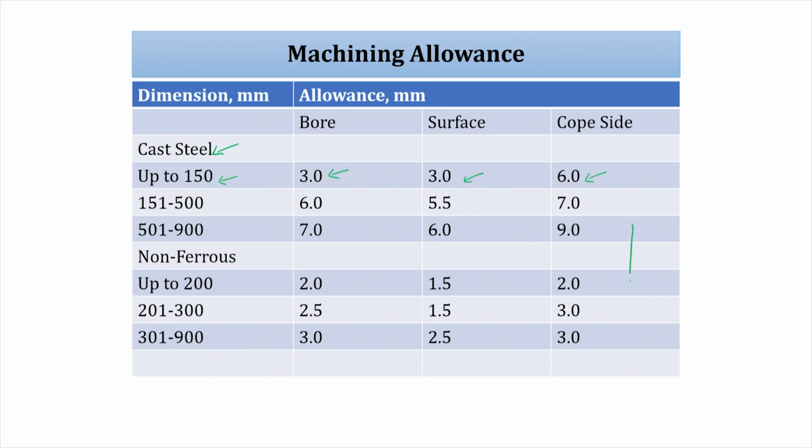So, what does cope side mean? This is the mold, cope and drag. Let us assume this is your actual pattern and mold cavity. If you are like this, then the machining allowance is higher in this case. This is the actual one.